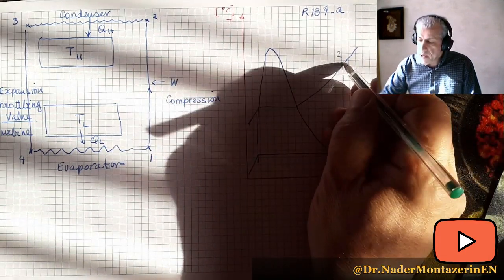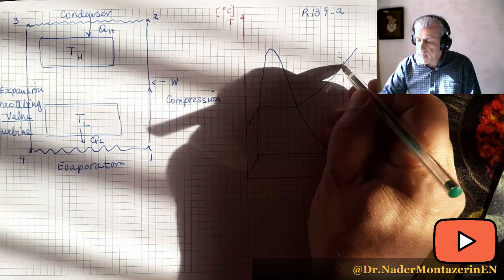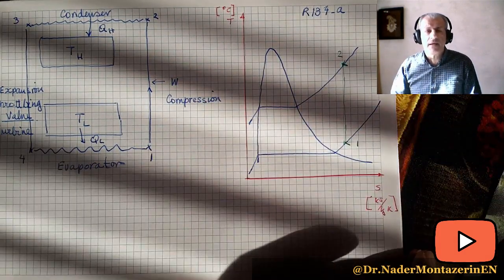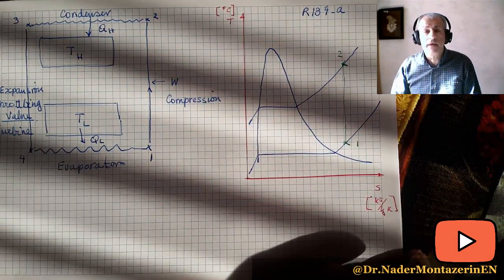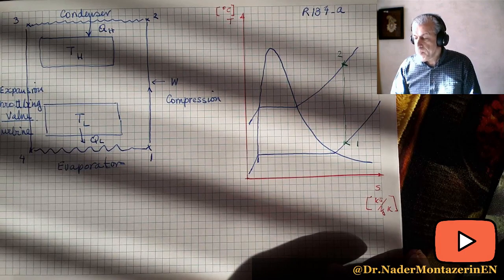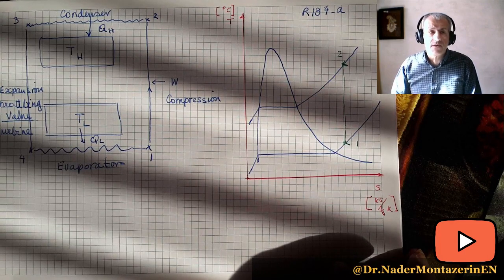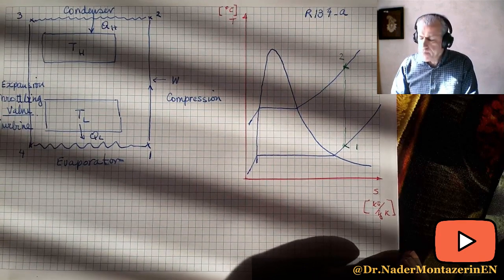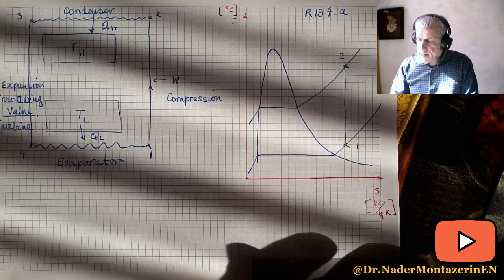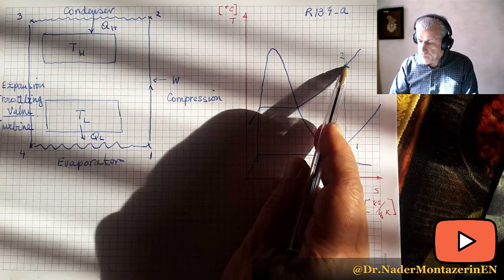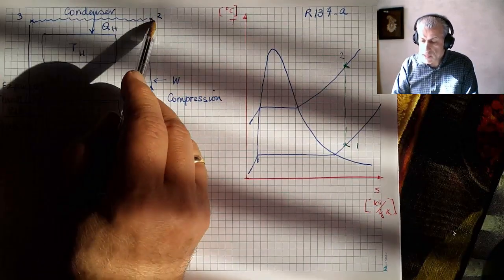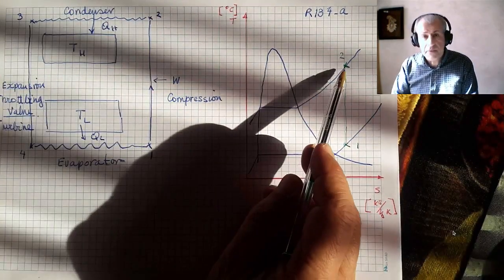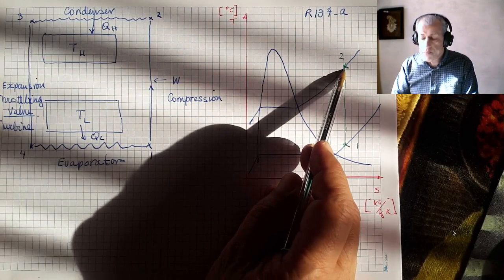But for the time being, let's assume that our compressor is ideal and it is isentropic. That's the assumption in many problems. But then this point 2, which is here, has a higher pressure and high temperature.